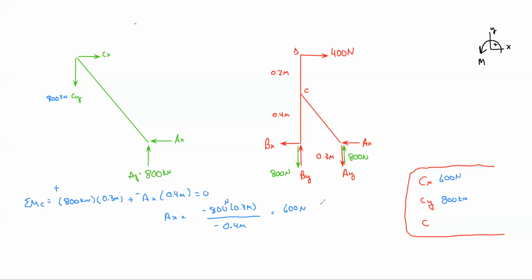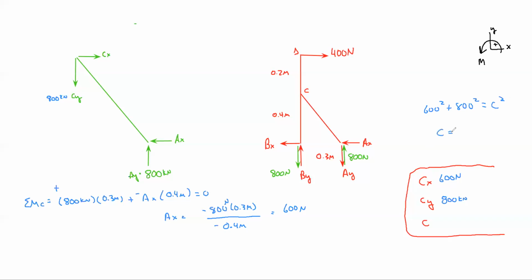That's all I needed, right? AX was 600, and because AX is the only other one in the X direction, CX also equals 600 newtons. And if you use the Pythagorean theorem, what do you get? I didn't really work this part out, but we could do it quickly. A couple of folks solved specifically for C at the end.